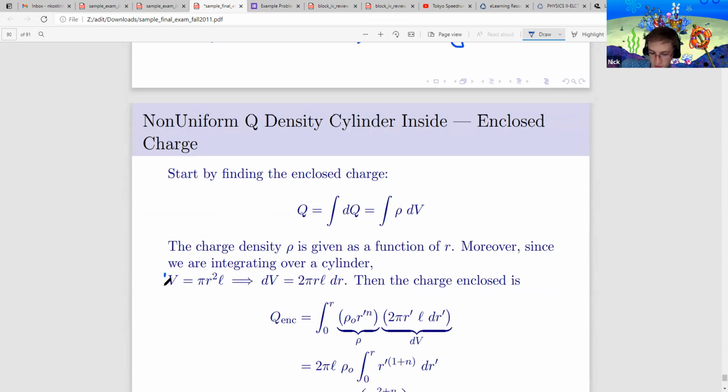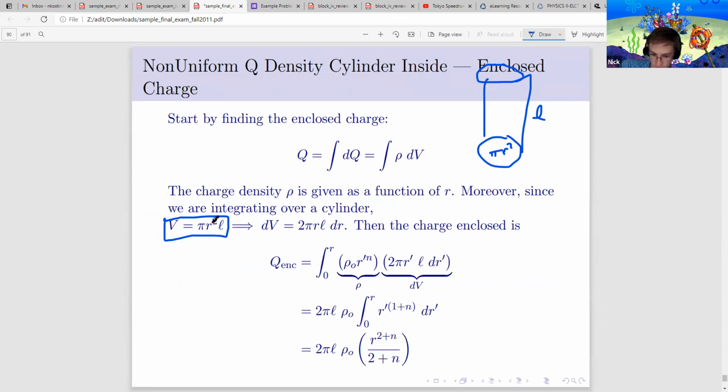The volume that's in question, though, is a cylinder. In a cylinder, the volume of a cylinder, I like to think of it as just, we have the area of the base, which is pi r squared. Then I multiply it through by the height, which is just going to be L. That's sort of a crummy cylinder, but whatever. So to find my differential volume, or my dV, I just take the formula for the volume of a cylinder, and I take a derivative with respect to r.